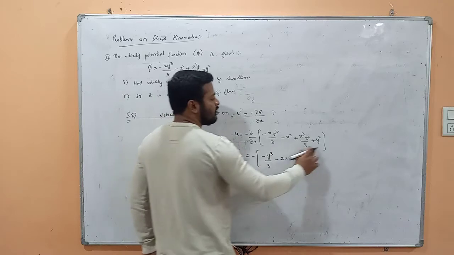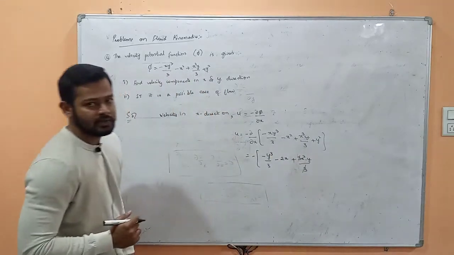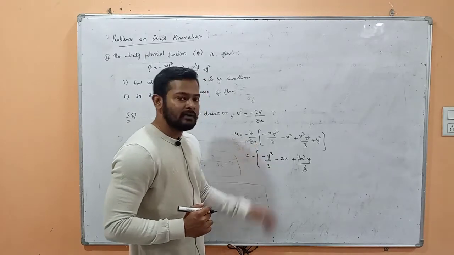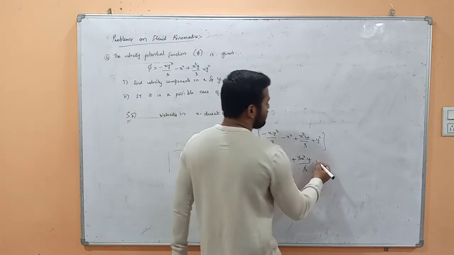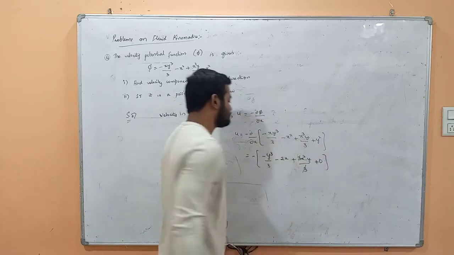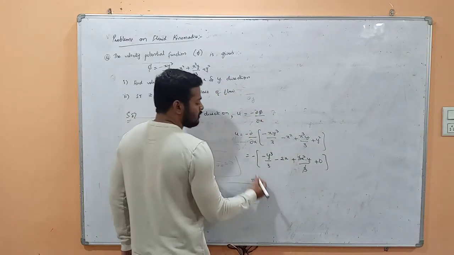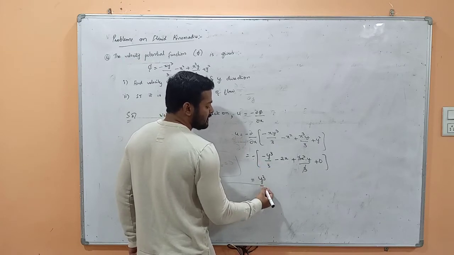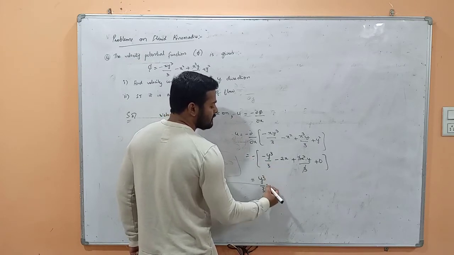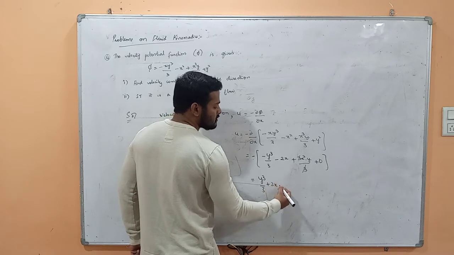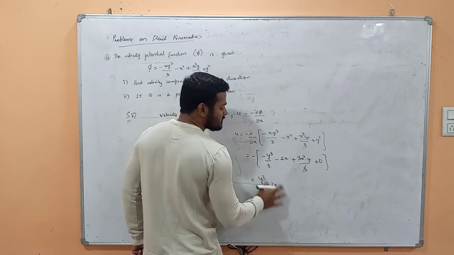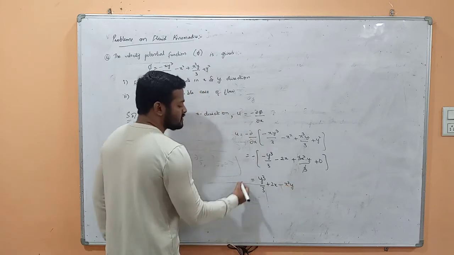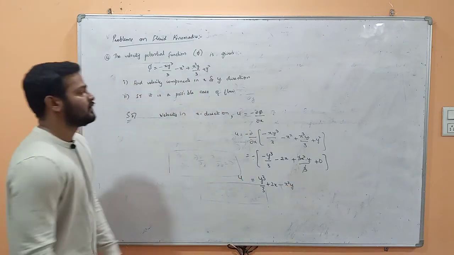Dou by dou x of y square: this is partial differentiation, so except x everything is constant. So y is a constant, giving 0. Now multiply the minus inside: minus into minus plus, y cube by 3; minus into minus plus; and this is plus into minus, sorry, minus x square y.